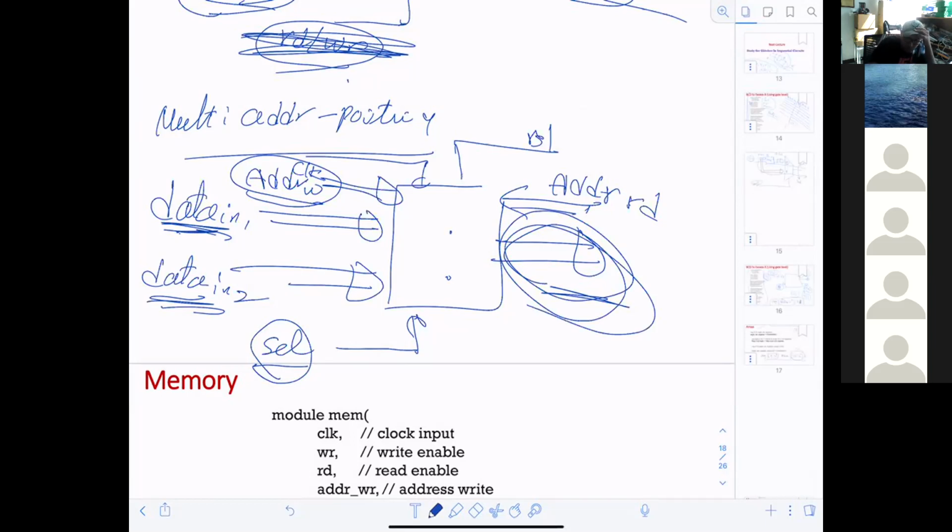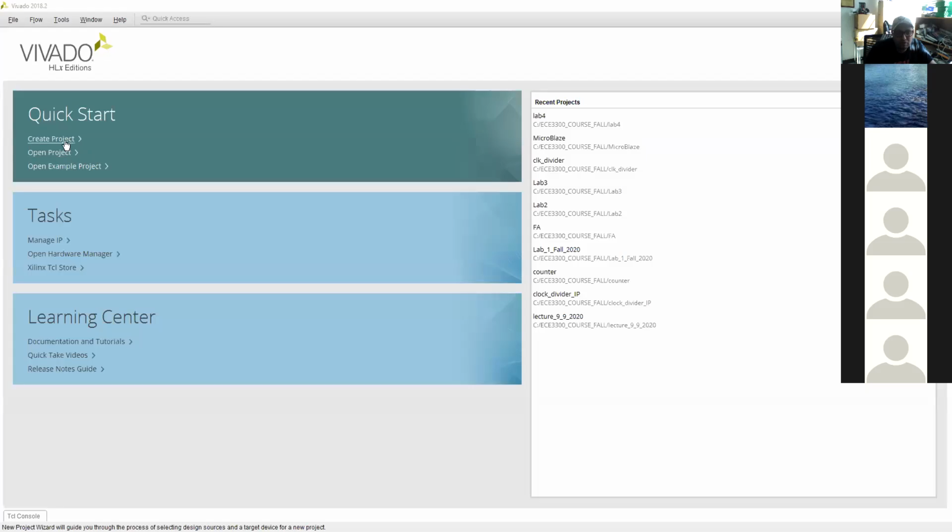So I'm going to build one in front of you and let's see what we end up with. I don't know where my Vivado is. Here's my Vivado. Everybody can see my Vivado?